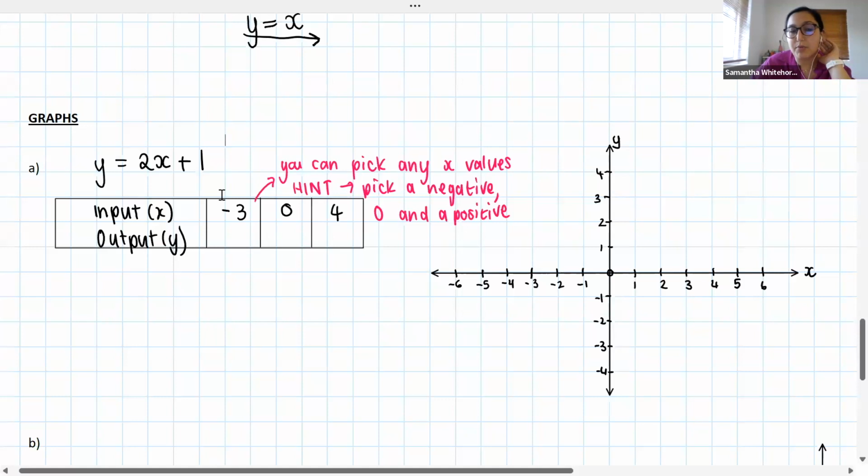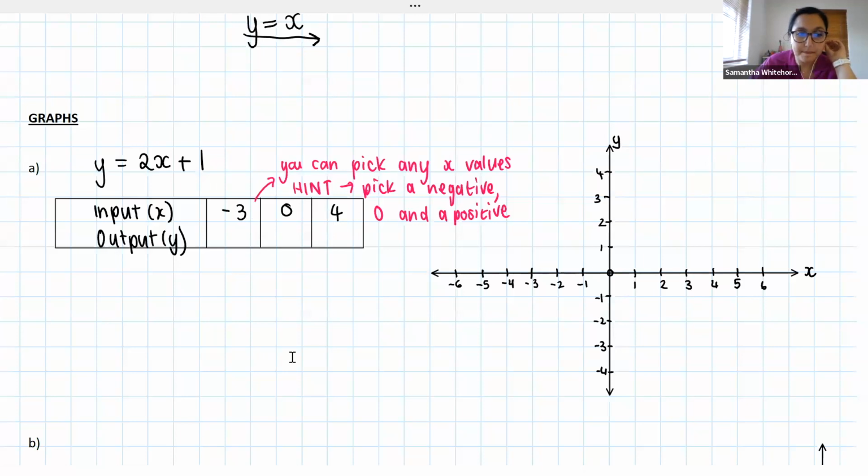I want those 3 output values for -3, 0, and 4. Let's go, my people. We can do this.